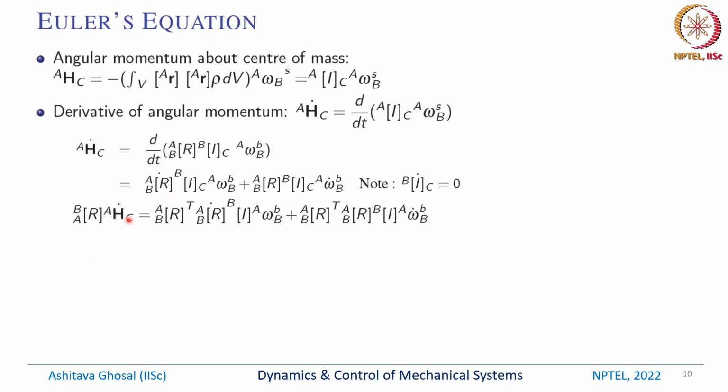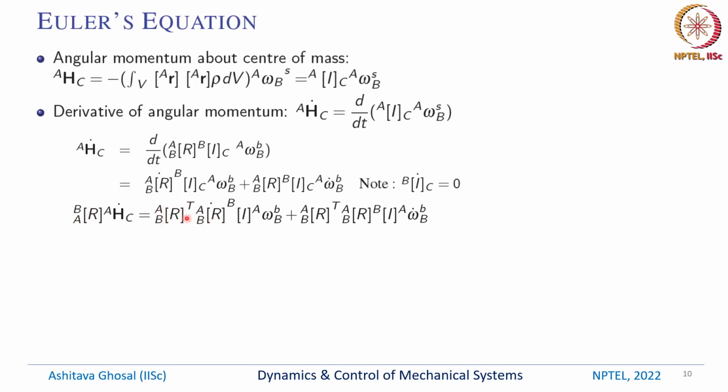Let's pre-multiply both left and right side by BAR. So again, we are basically converting it into another coordinate system. If you pre-multiply AHC dot with BAR, we'll get some ABR transpose. Why ABR transpose? Because BAR is the same as ABR transpose. This is the inverse of ABR, which is the same as the transpose.